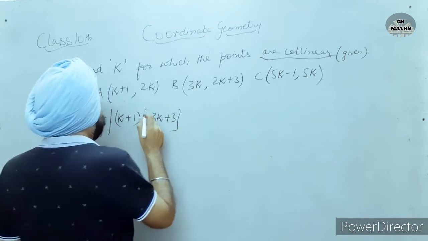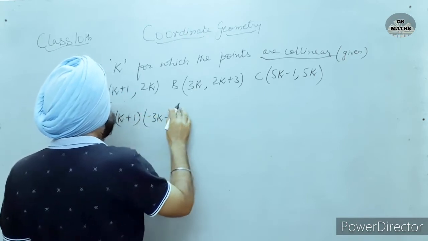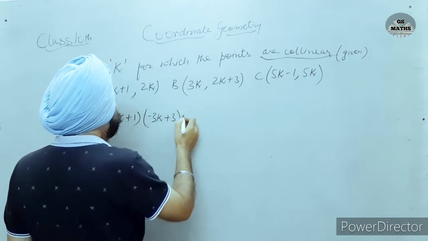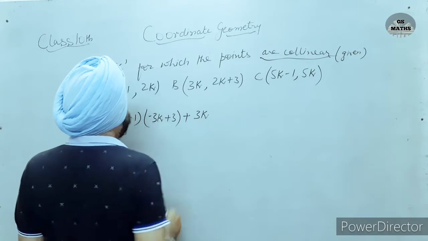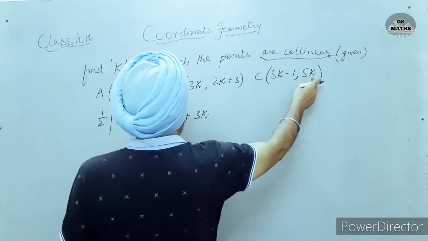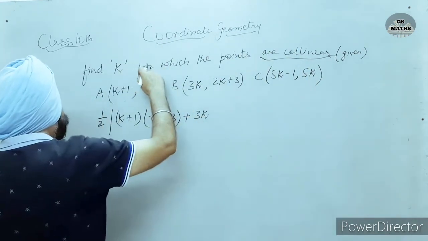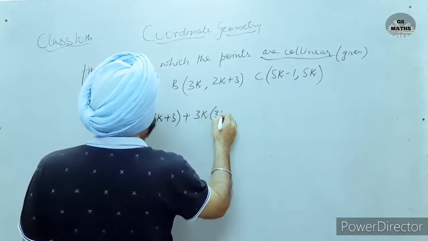Right? Then, let me write in simple brackets now. Plus x2 is 3k, times y3 minus y1, 5k minus 2k, that is again 3k.